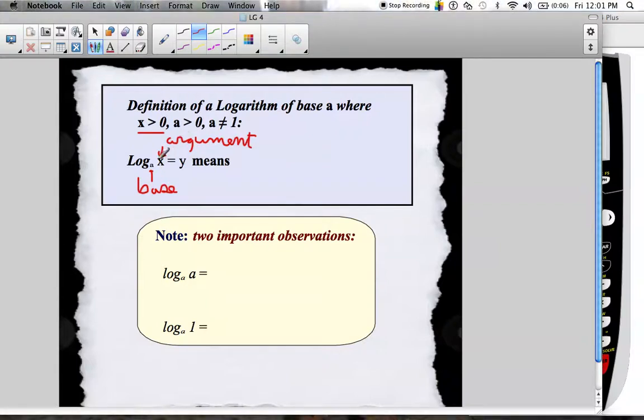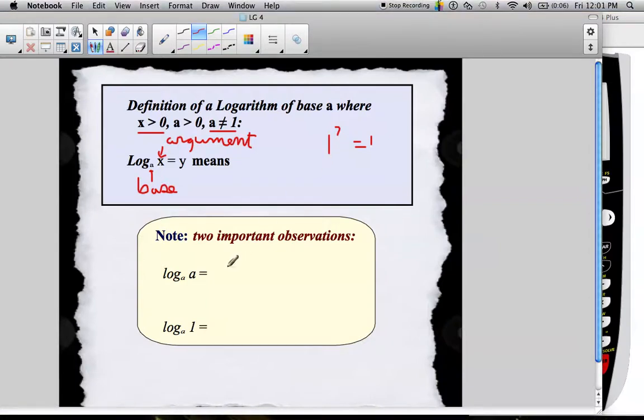And the base, in this case a, also has to be greater than 0, and it cannot equal 1. Because if you had a base of 1, it doesn't matter what exponent, I'll use 7, the answer is 1. So when the base is 1, it's always going to be 1.